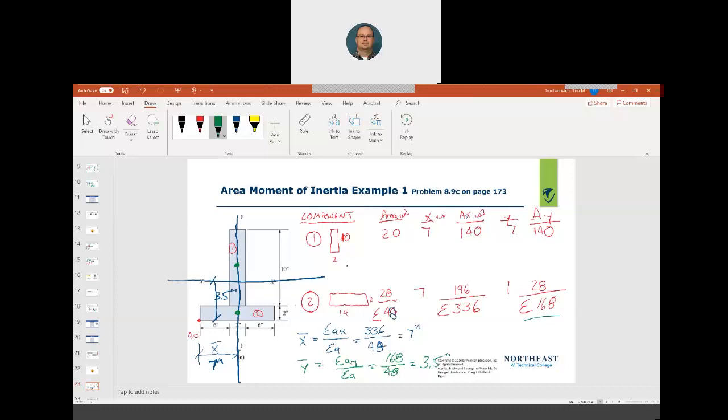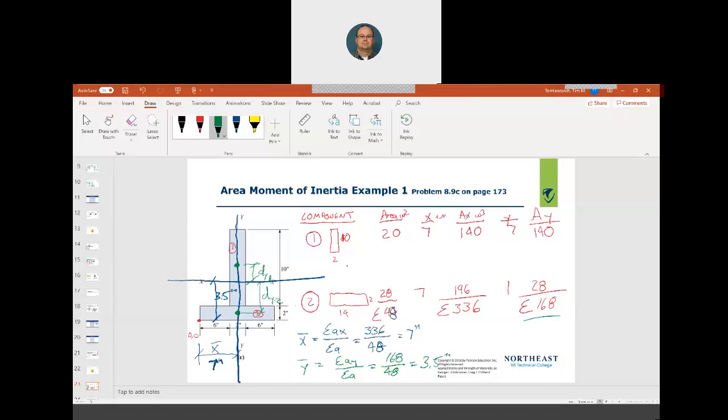So if I look here, I have a distance dy, okay? And then I have a distance here, dy2, this is dy1, component 1, okay? However, I do not have a distance away in the x direction away from the y centroidal axis.